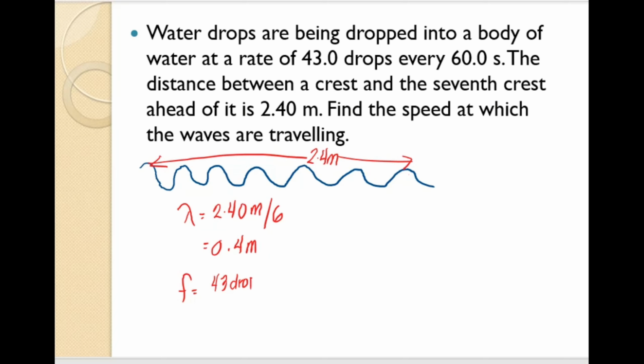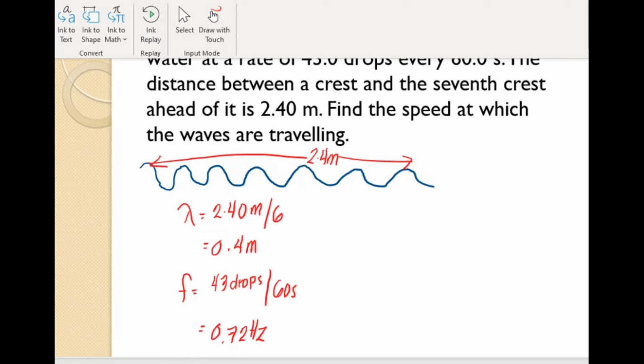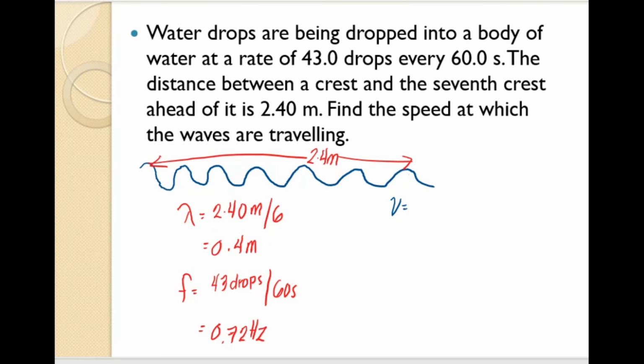Now let's solve for the frequency f. We have 43 drops for every 60 seconds. 43 divided by 60, our frequency now is equivalent to 0.72 hertz. The next one is that we have to solve for the velocity.